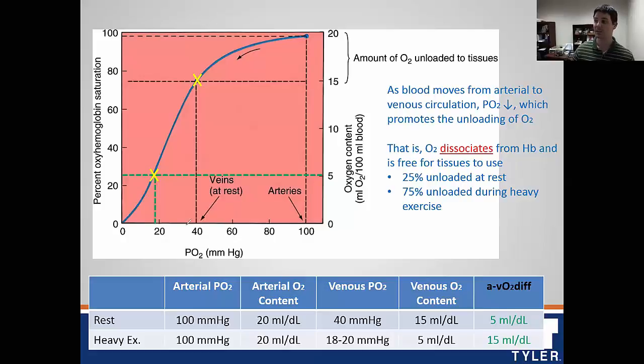So that's one important feature. This nice curve dictates that as PO2 differences increase, oxyhemoglobin is going to dissociate, dump more oxygen, and become deoxyhemoglobin. So that's one way.